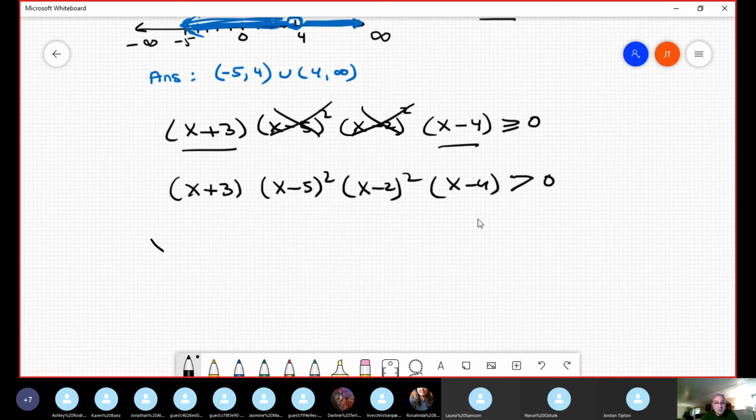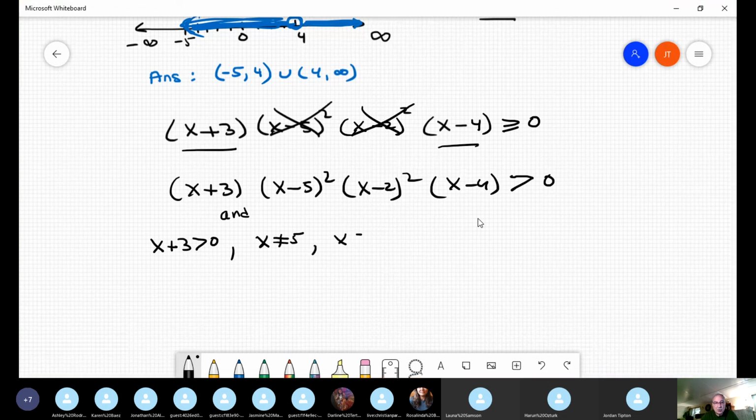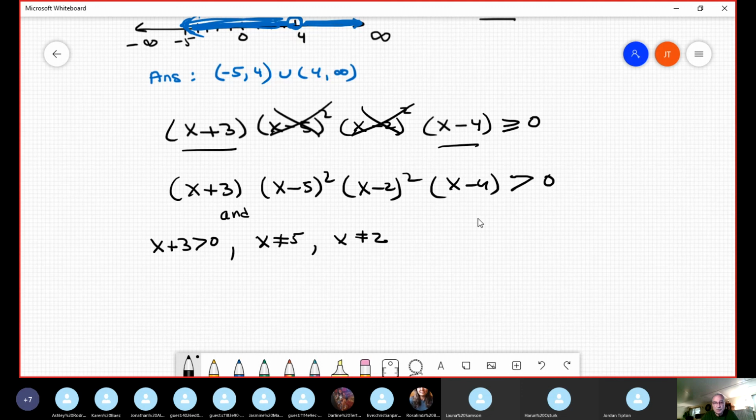How? x plus 3 greater than 0, comma, which means and, x not 5, because the exponent is 2, comma, x not 2. We have 2 holes. Comma, x minus 4 greater than 0. So we solve this inequality and this inequality together as a compound, knowing that at 5 and 2 we have 2 holes.